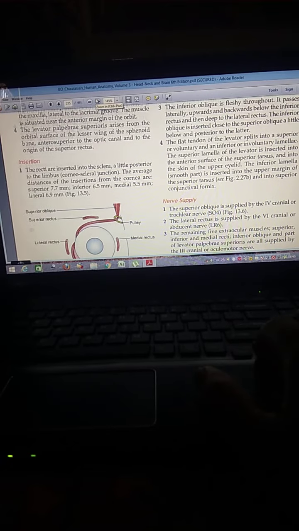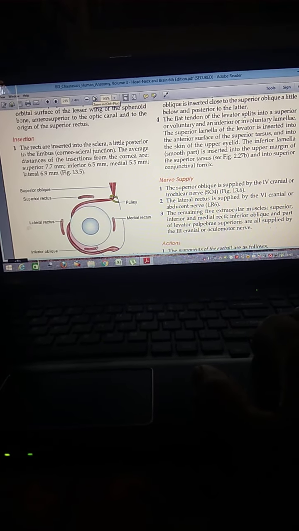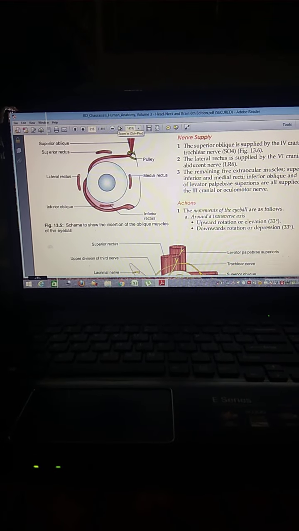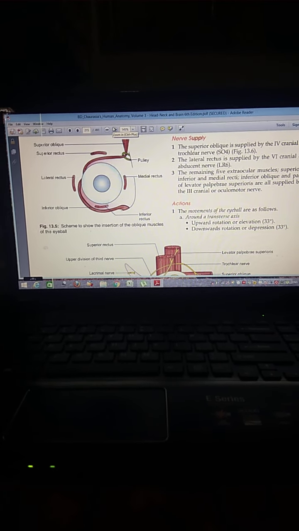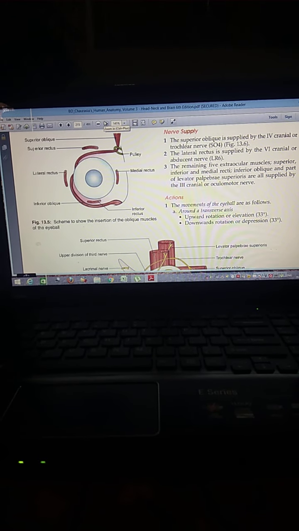The flat tendon of the levator splits into a superior or voluntary and an inferior or involuntary lamina. The nerve supply: the superior oblique is supplied by the fourth cranial or trochlear nerve, and the lateral rectus is supplied by the sixth cranial or abducens nerve.